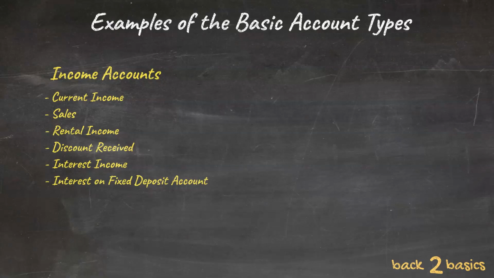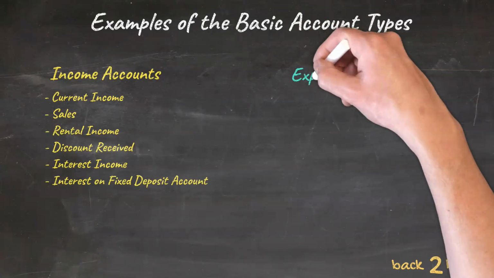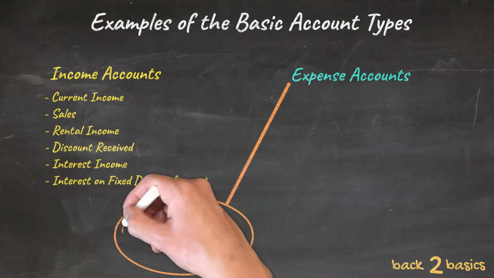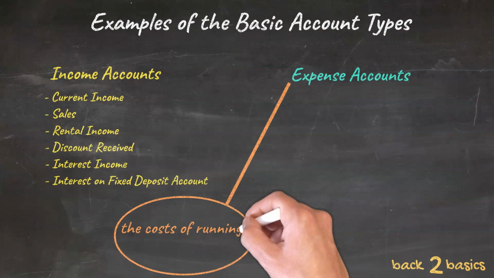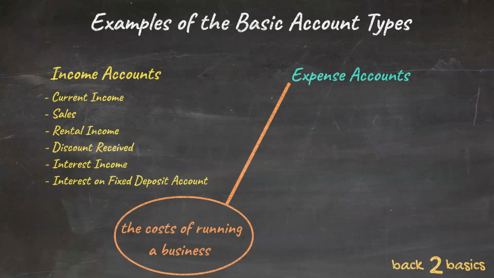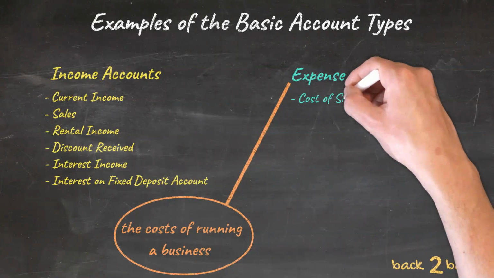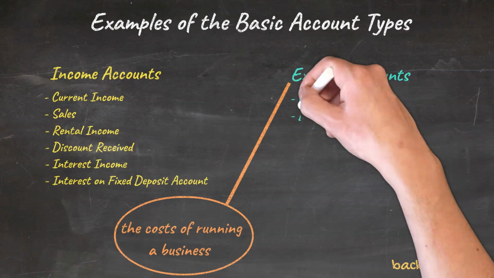Lastly, let's look at the common accounts under expenses. So by now you already know that expenses show the cost of running a business, and there can be many expense accounts, but I'm only going to list the most common ones here. Cost of sales, which is the cost of your inventory sold.